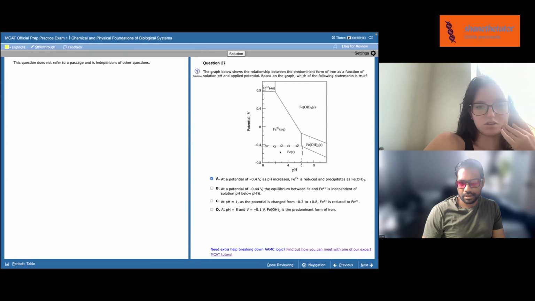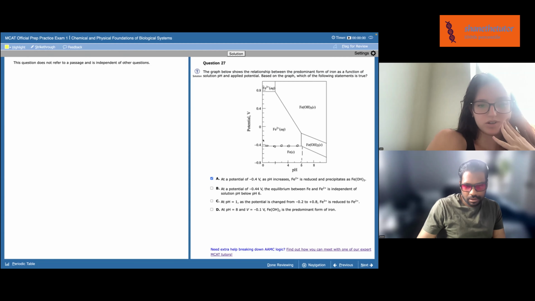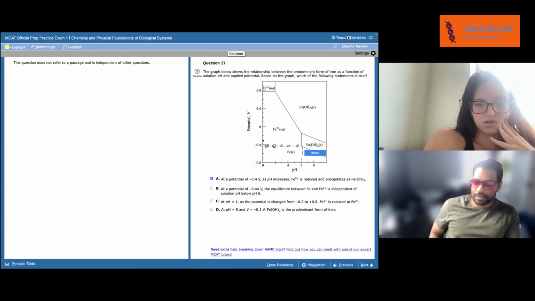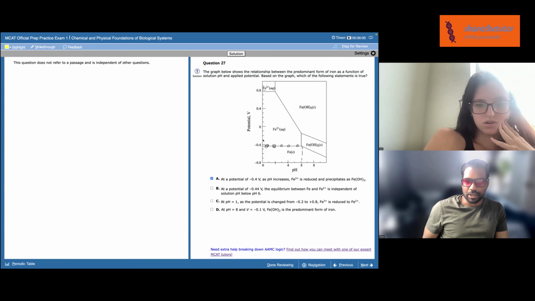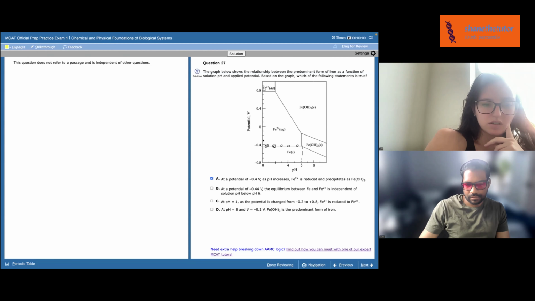That means it is independent until it reaches 6, because it's right on the line touching Fe solid and Fe2+. The change in pH doesn't affect it if the pH is below 6. So independent of the solution, any value between pH 1 and 6 would keep it the same.